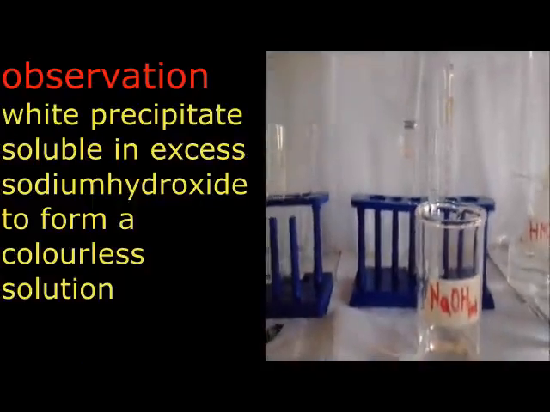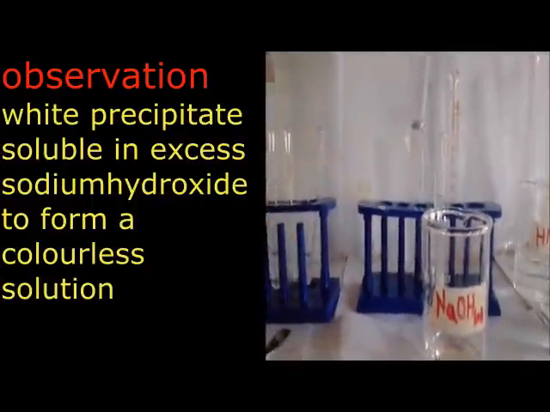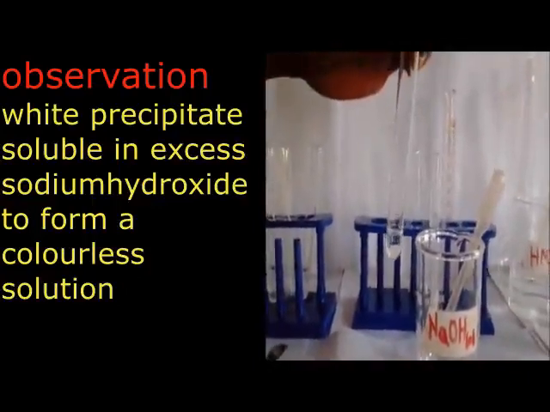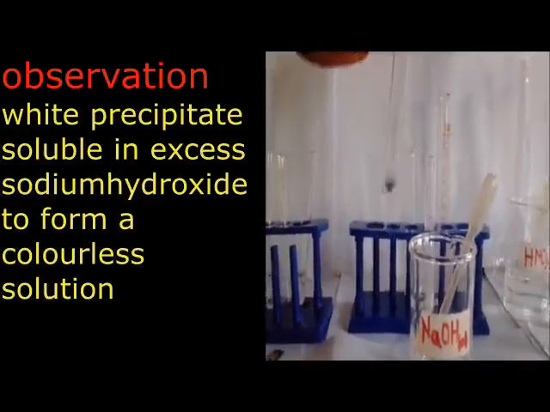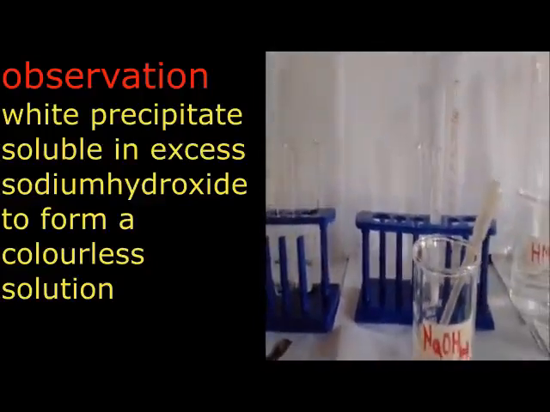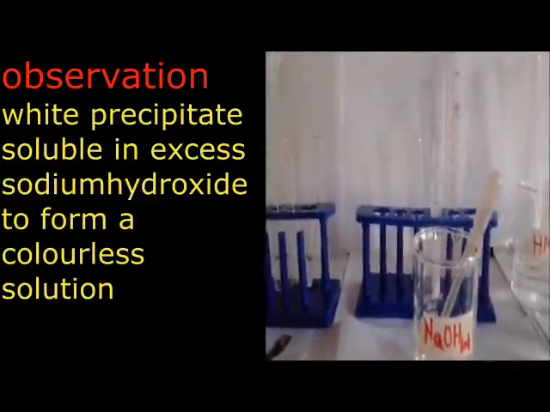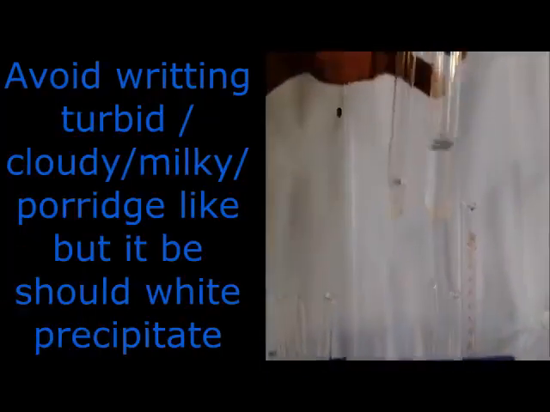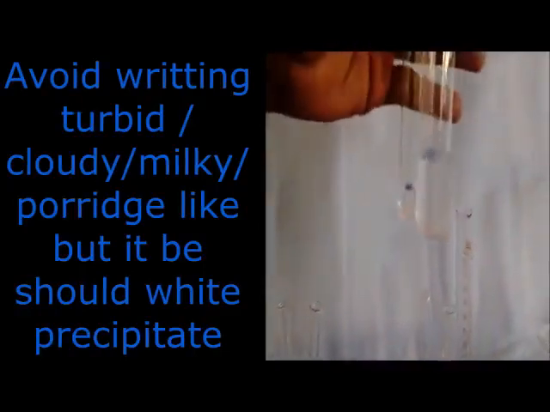Here we go. Now I got my sodium hydroxide. Then I get my dropper and I first put the first drop. You can see when I put the first drop, I see white precipitate coming on the spot. Try to be observant. When I add more drops, the white precipitate is still there, but when I add more, it disappears.